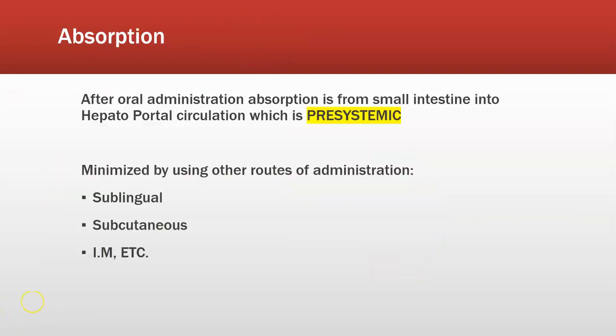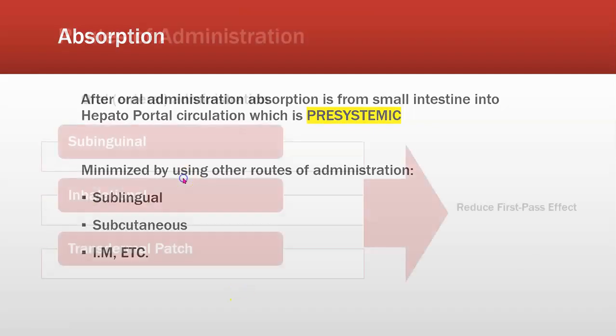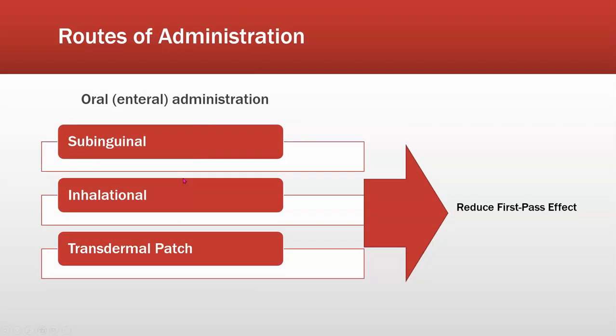Okay, I wanted you to see this slide, so I had to start over. So it's minimized by using other routes: sublingual, sub-Q, IM, etc. So oral is the enteral administration route. Then you have sublingual, inhalation, and transdermal.